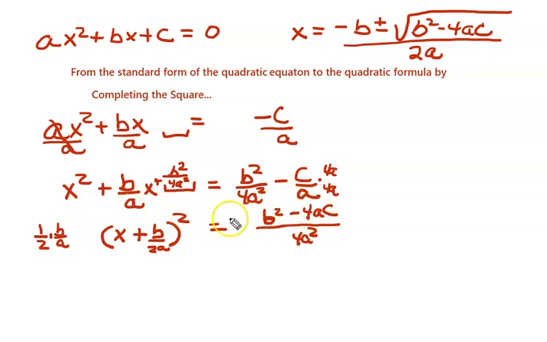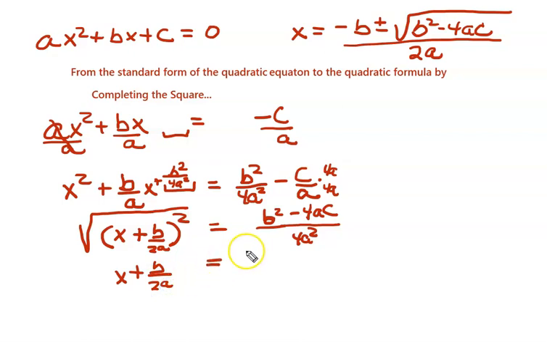So now these are still equal. I think I'll erase this here so it doesn't confuse us. Now what do we do at this stage? We want to solve for x, but we have a binomial that's squared. Our technique is to take the square root of this side, which will just give us our radicand, which is x plus b over 2a.